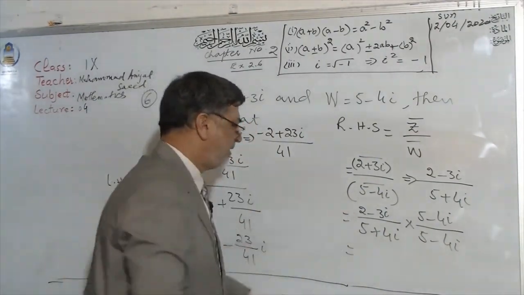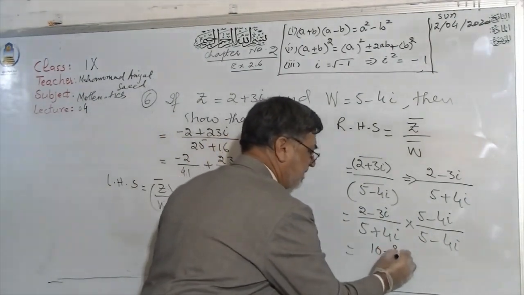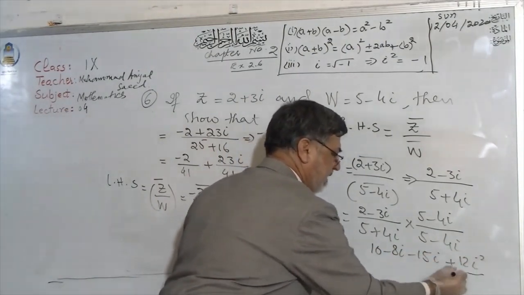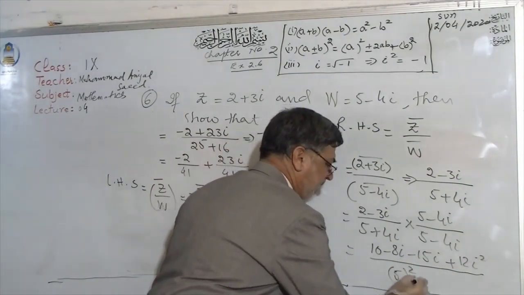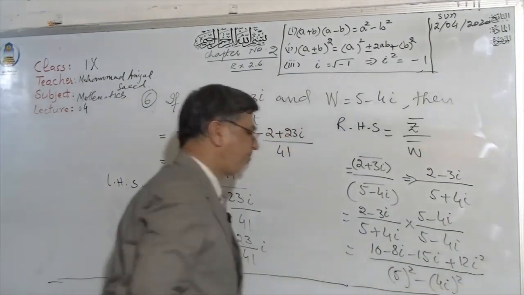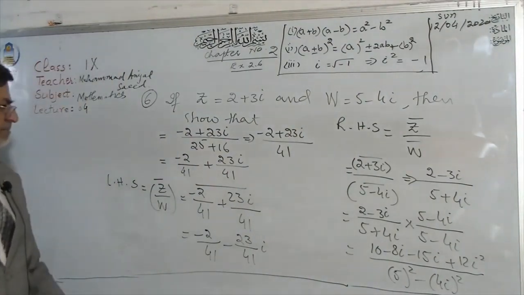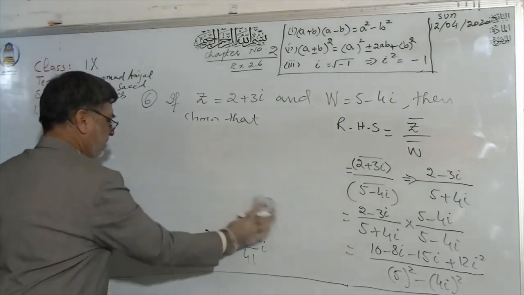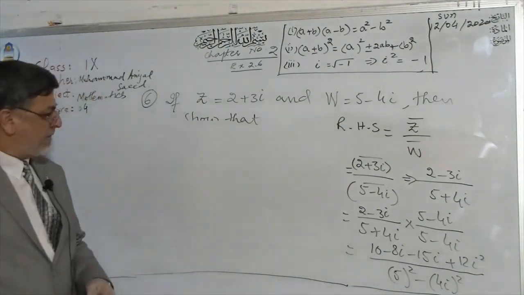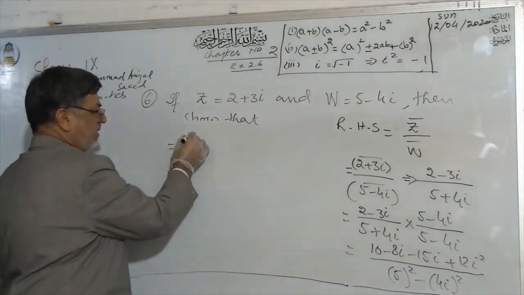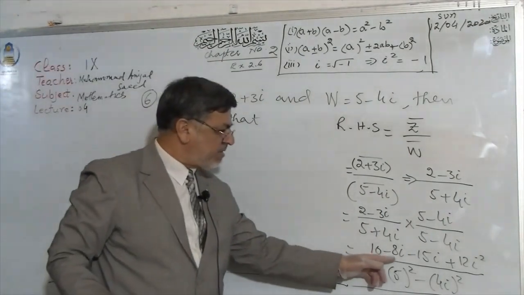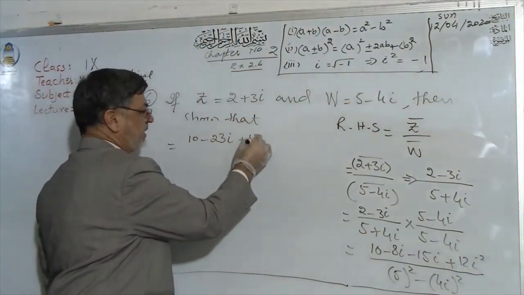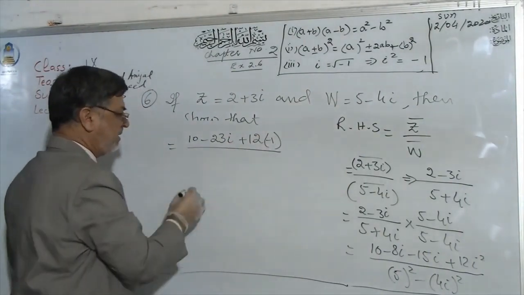Now you multiply: 2 times 5 is 10, minus 8 iota, minus 15 iota, and plus 12 iota square, divided by first square minus second square. Here 10, minus 8 iota minus 15 iota is minus 23 iota, plus 12 into iota square, which means minus 1.